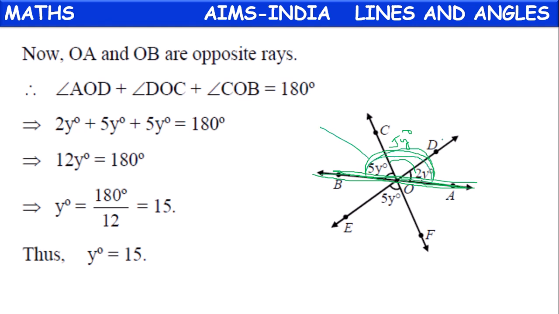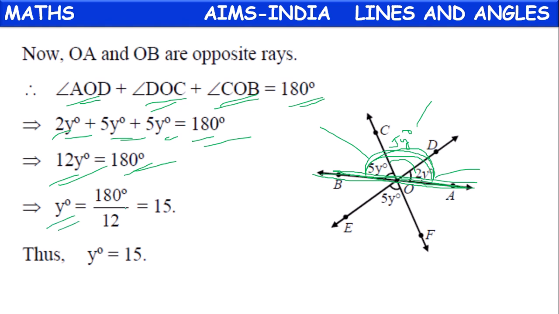Means 5y plus 5y plus 2y, so AOD, DOC, COB is 180 degrees. So 2y, 5y, 5y is 180 degrees. Total 12y is 180 degrees. y equals 180 by 12, 15 degrees. So y value is 15 degrees.